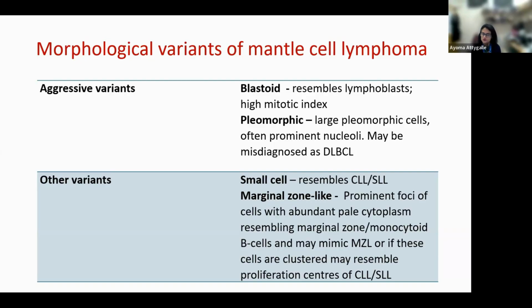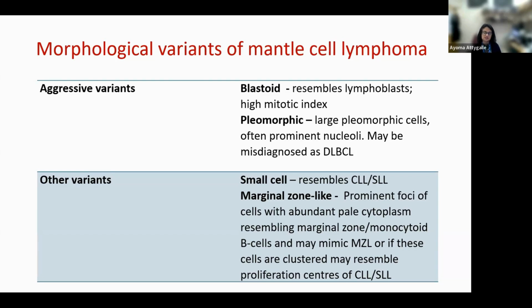The other variants are not so useful from a prognostic perspective, but the small cell variant can look like mature small cells and can resemble CLL/SLL. And there can be a marginal zone-like pattern with prominent foci where the cells contain more abundant cytoplasm, imparting a monocytoid appearance. This can mimic marginal zone lymphoma, and if they're clustered, you may also confuse it with the proliferation centers of CLL/SLL.